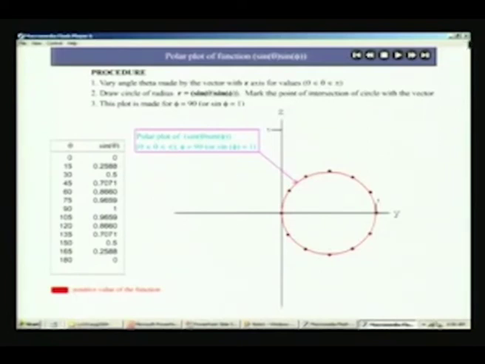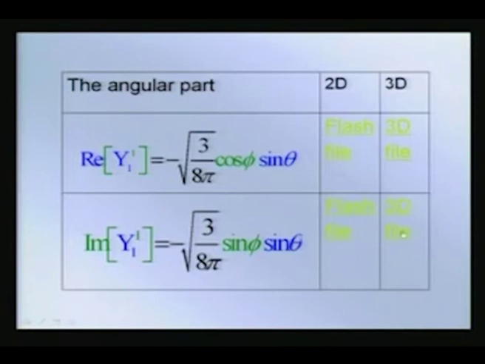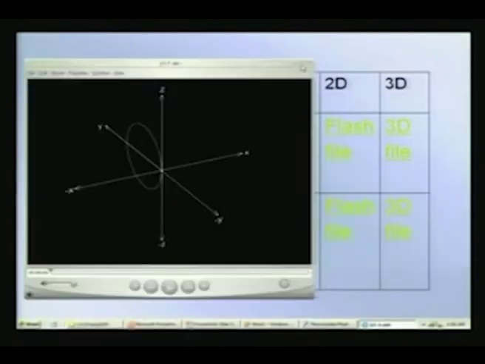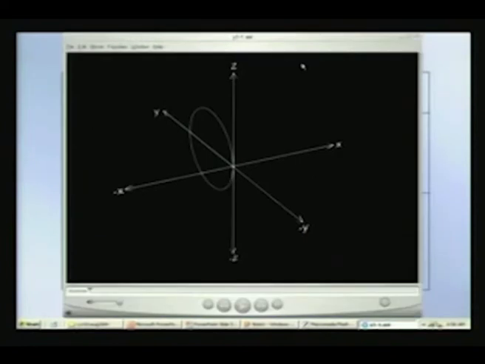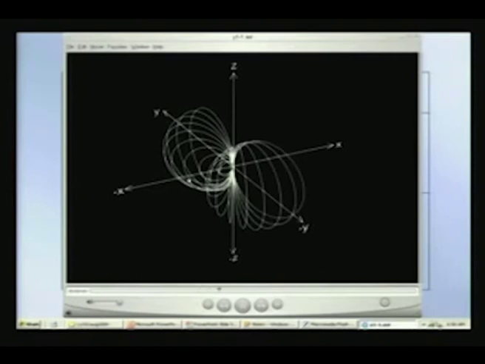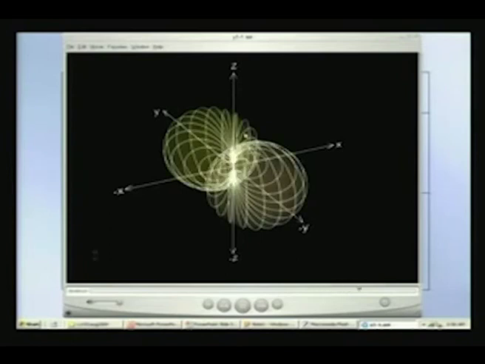Therefore the corresponding 3D plot starts with the maximum along the y axis. This is sin theta along the y axis for phi equal to 90 degrees, sin theta sin phi, and it goes down as phi increases, goes to 0, becomes minus 1 here, goes to 0 and increases.